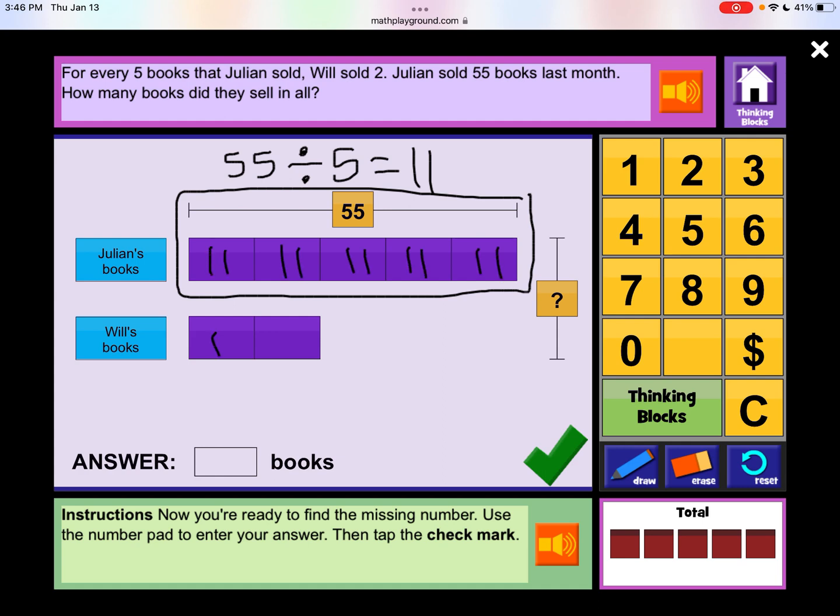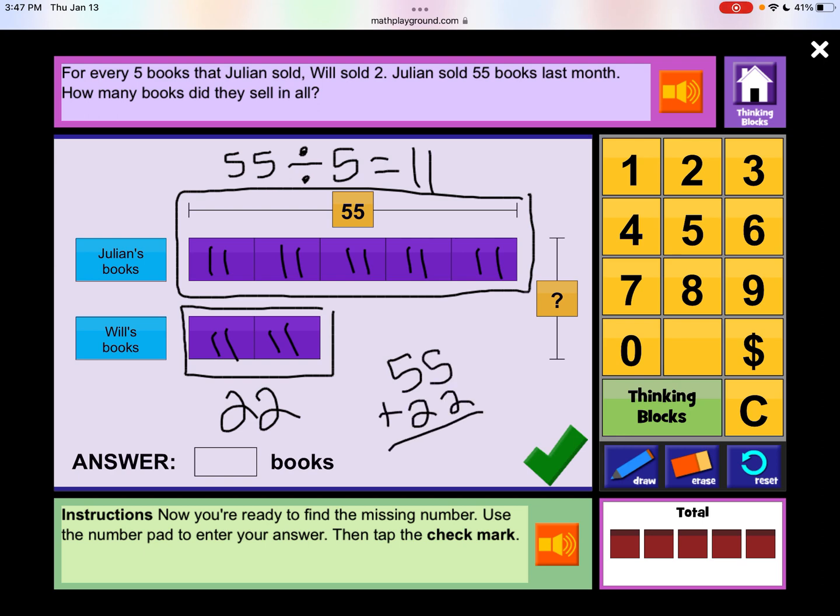So there are a couple of different ways to get the final answer. One of them is to say, well, Julian sold 55, so Will sold 22, and 55 plus 22 is 77. That's one way. Another way is to just look at how many 11s I have all together, right?